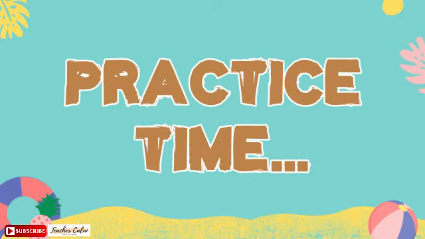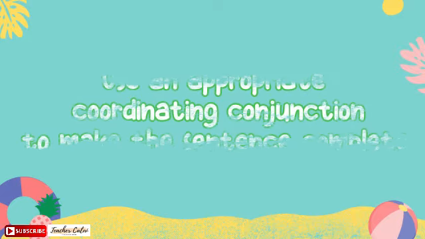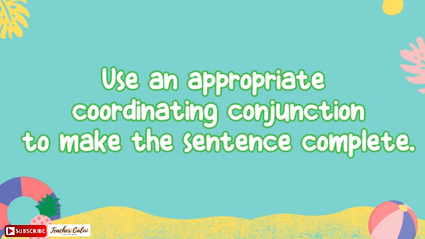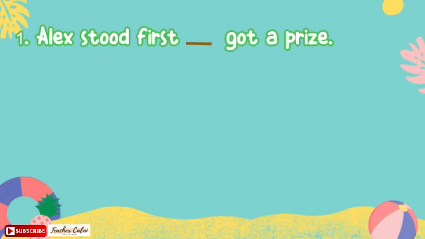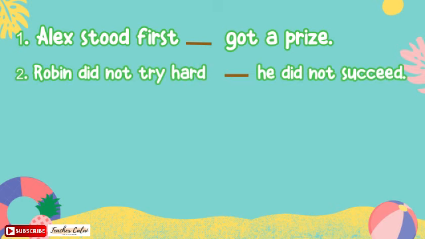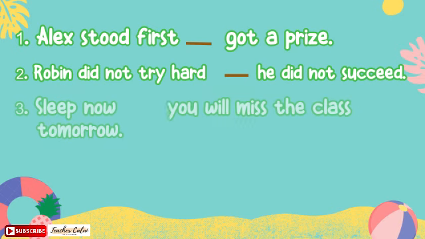Now it's practice time. Use an appropriate coordinating conjunction to make the sentence complete. Number 1. Alex stood first, blank got a prize. Number 2. Robin did not try hard, blank he did not succeed. Number 3.